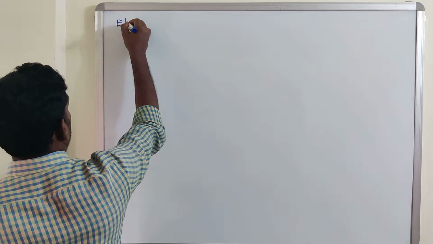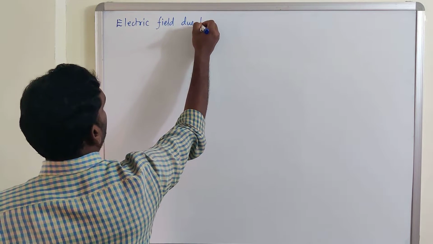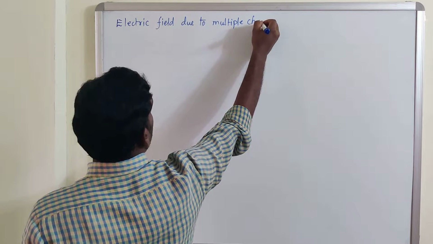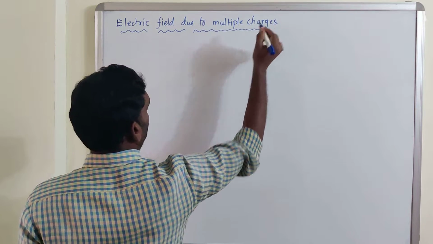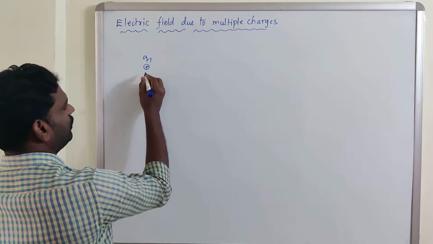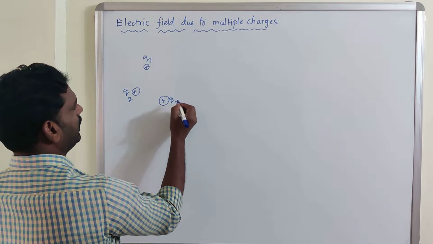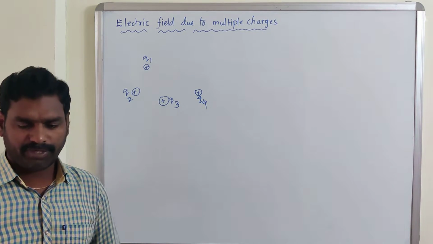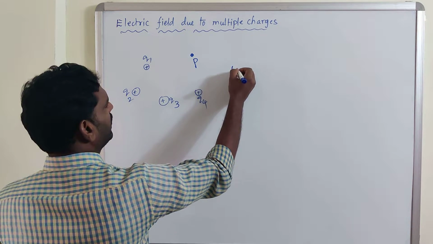Suppose I have a charge Q1 at this point, a Q2 charge at this point, a Q3 charge at this point, and a Q4 charge at this point, like this. I can have many charges. At this point P, what is the net electric field?